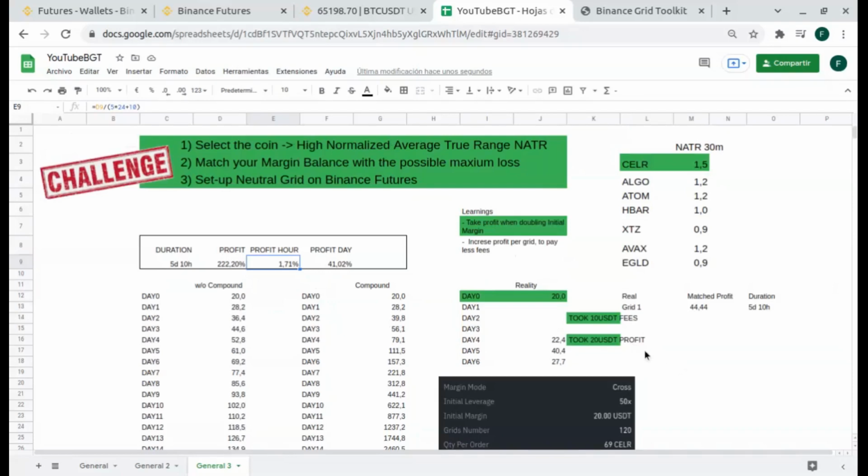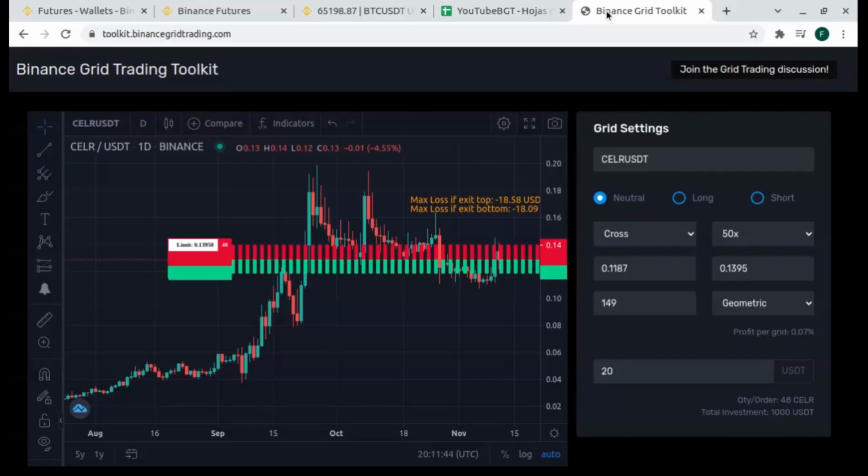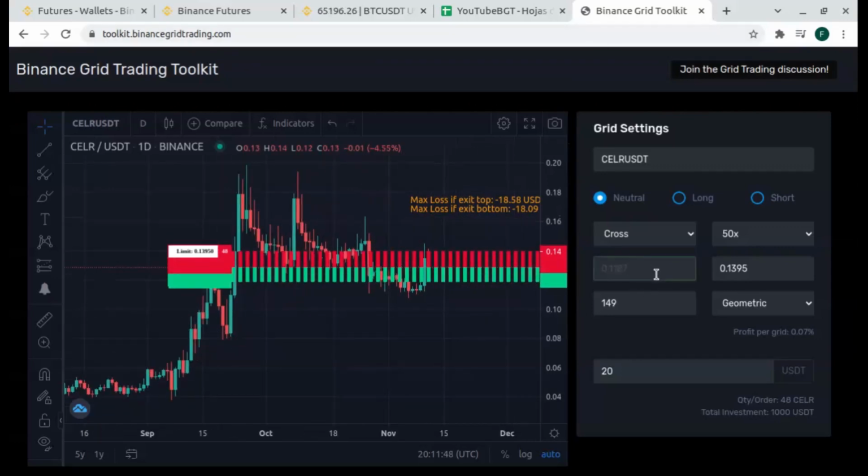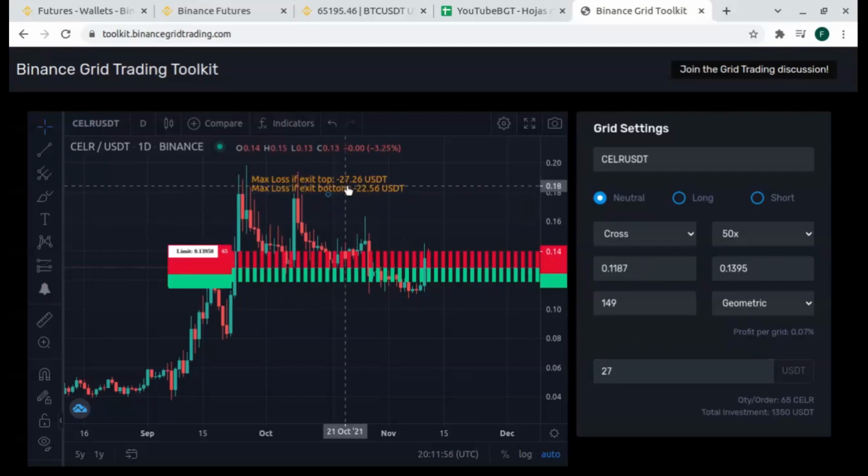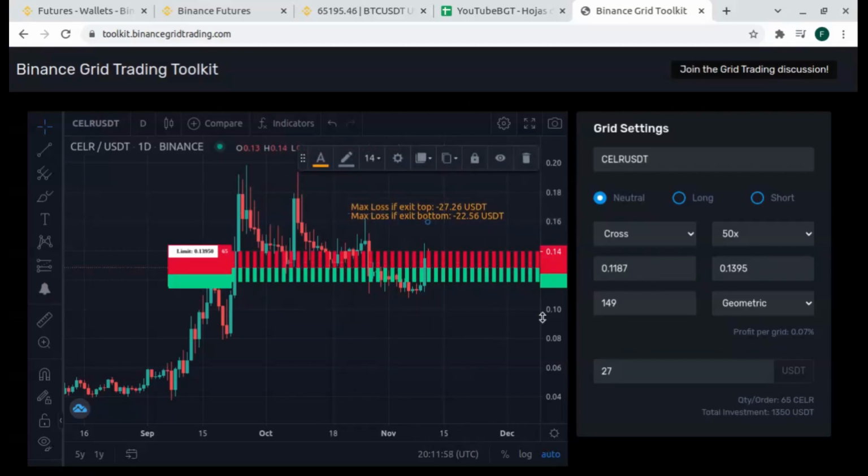So now we need the tool to calculate again. Instead of using $20, I think that we're going to use the $27 so that we can use a wider grid.